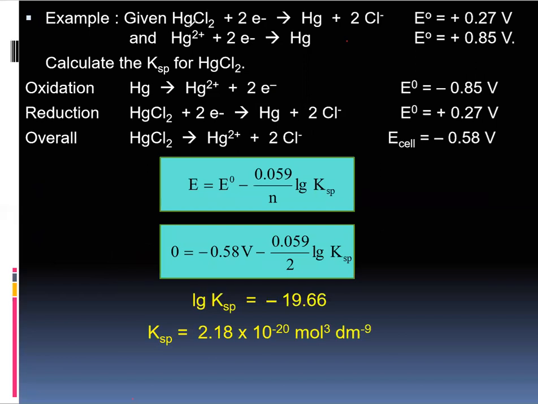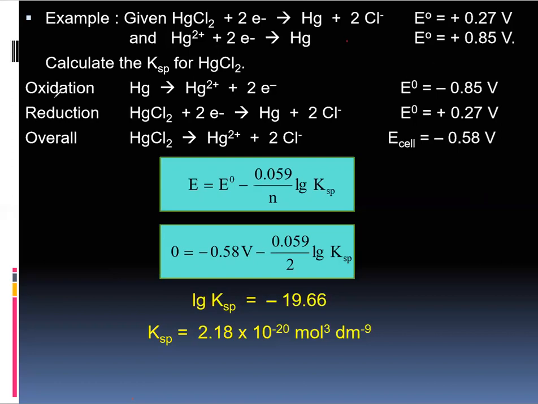Example: now, we are given mercury chloride. If the chloride dissolves, it gives you Ag plus and Cl minus, and also you have AgCl2 giving Ag plus 2Cl minus. So if you calculate for the KSP for AgCl2, you'll be given those 2 values always.